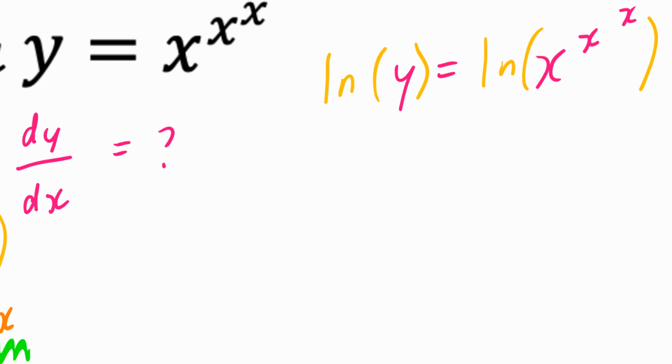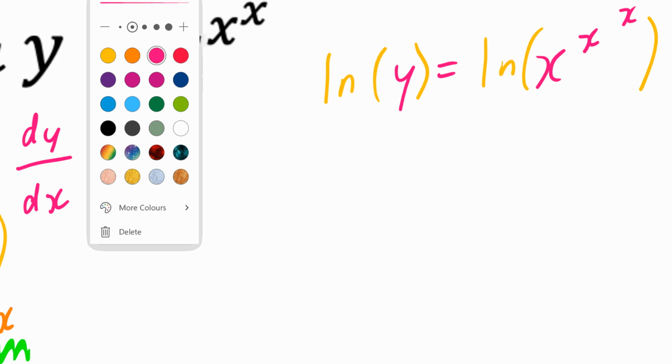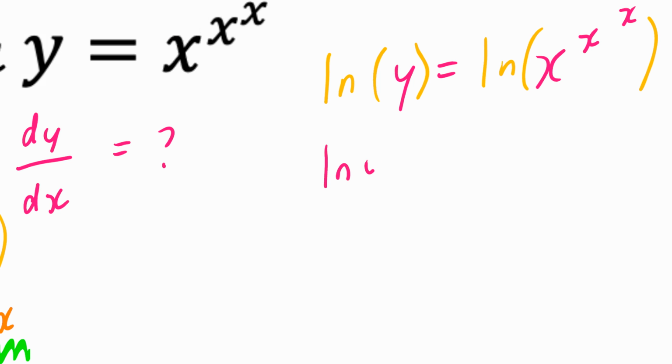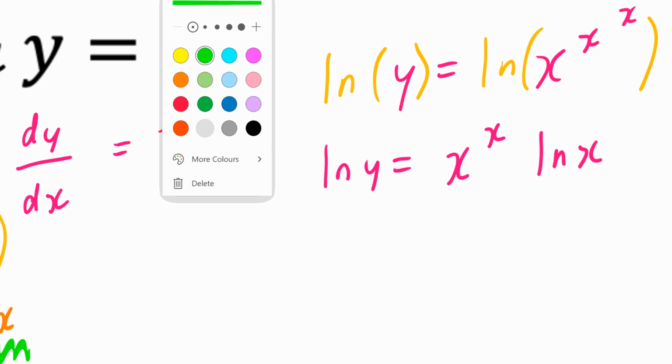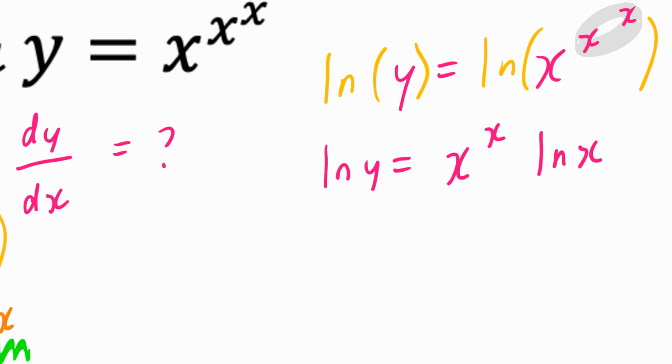Step number 2. If you think about the right-hand side, you can bring the exponent to the front. And in this case, the exponent is going to be x to the power of x. So let's make sure you can see this. This exponent, x to the power of x, is now brought to the front.